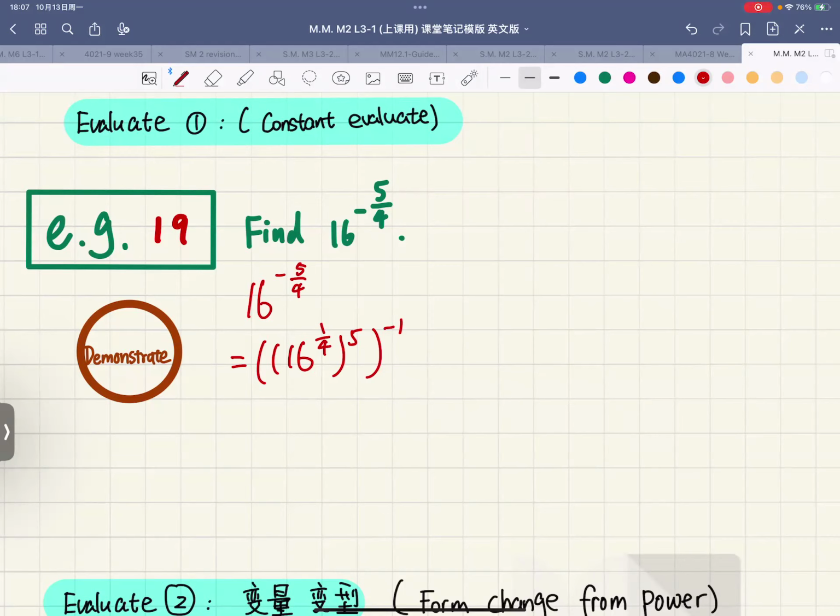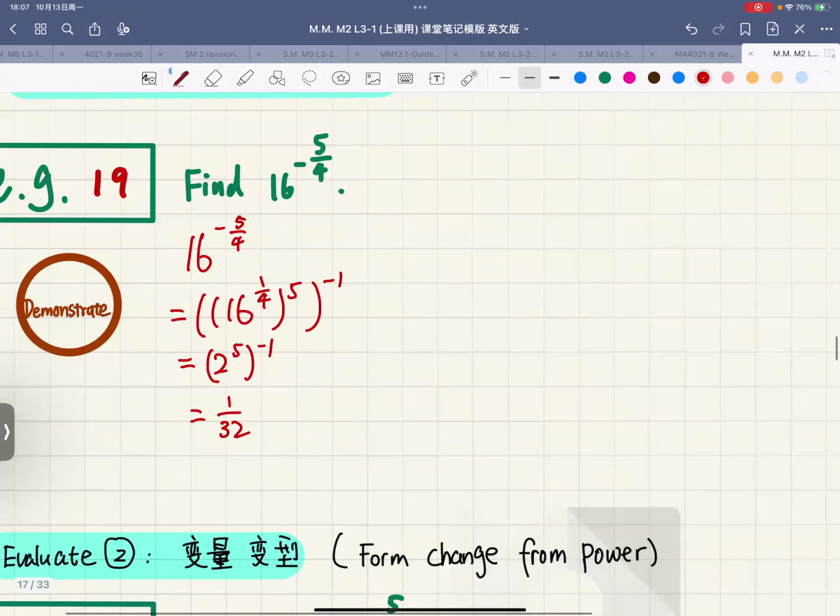That's how we break it up. So we have 2 to the power of 5 to the power of -1. Basically, it's 1 over 32.